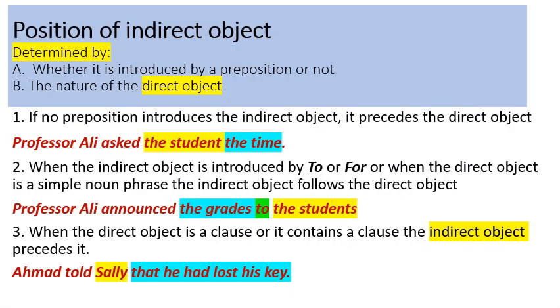Now, we are talking about the position of the indirect object. This position, as I was saying earlier, is determined by whether it is introduced by a preposition or not. And it is determined as well by the nature of the direct object. What do we mean by the nature of the direct object? This will show us shortly.